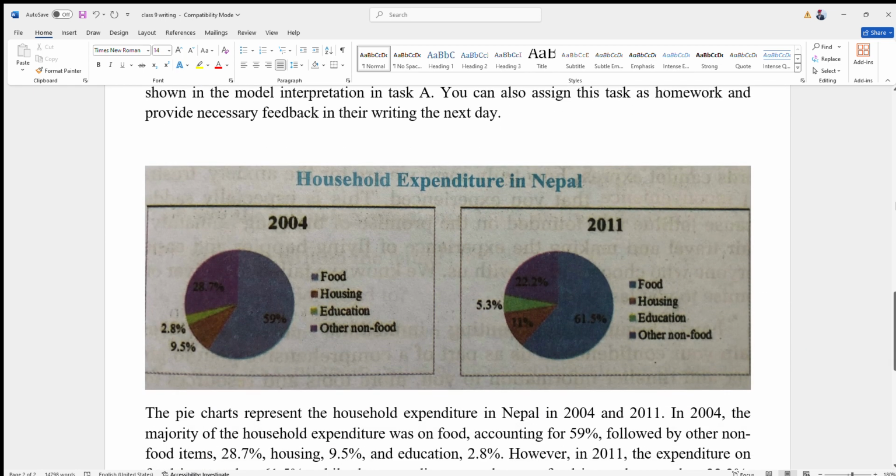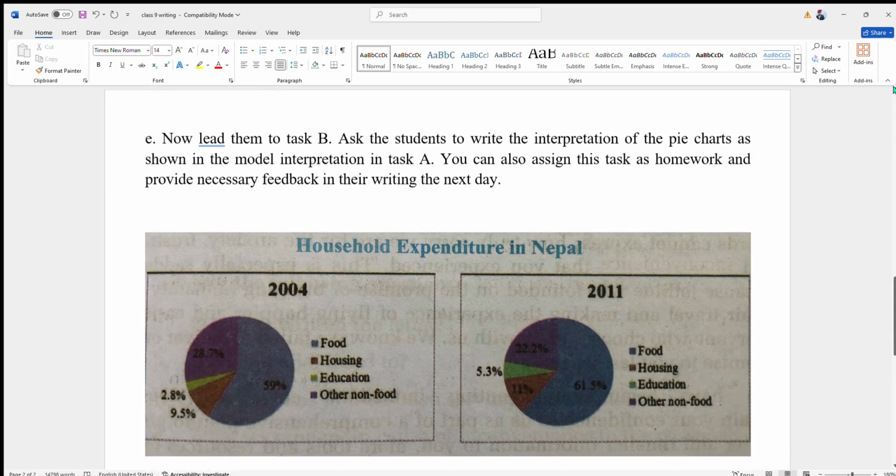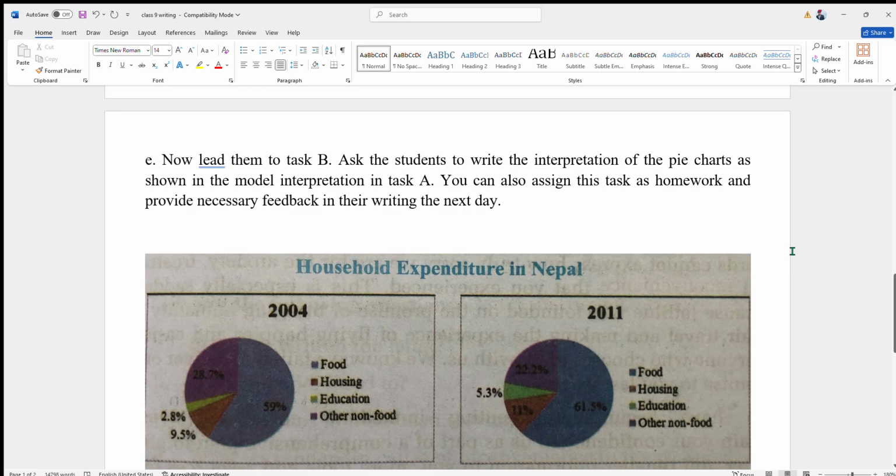Then now lead them to task B. Ask the students to write the interpretations of the pie charts as shown in the model interpretation in task A. You can also assign these tasks as homework and provide necessary feedback on their writing the next day.